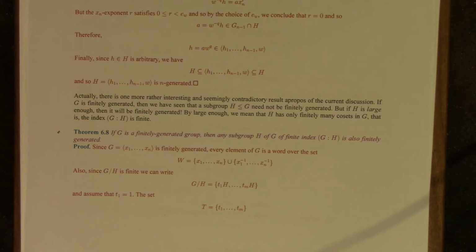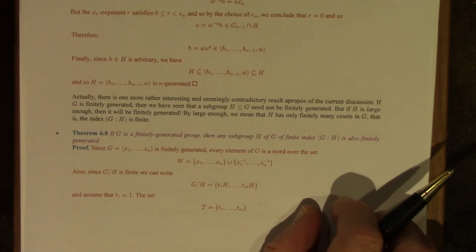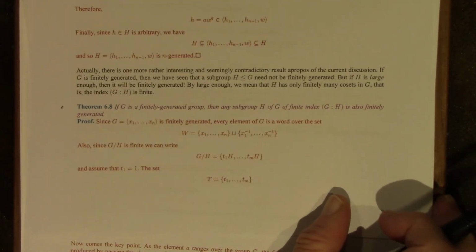While not every subgroup of a finitely generated group is finitely generated in general, the very small ones and the very large ones are. And the very small ones, not surprising, but the very large ones, maybe that's a little bit surprising. So let's take a look at the proof.